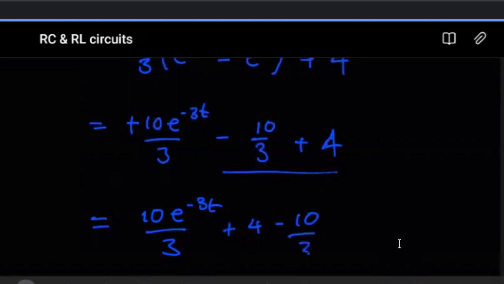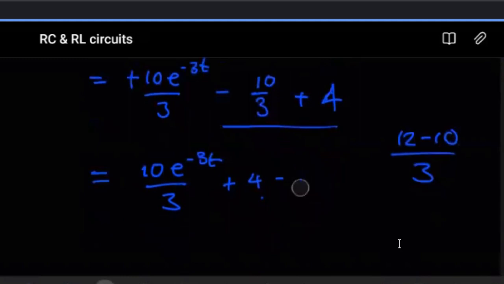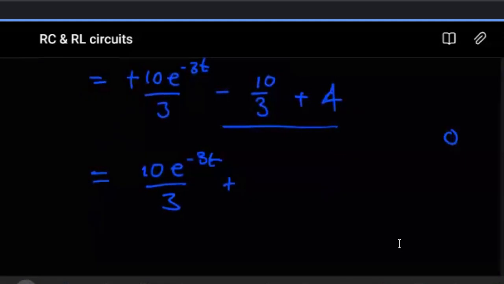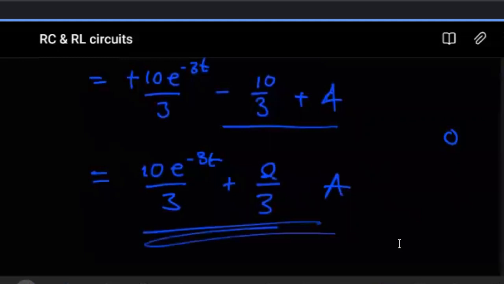Let's combine this. Common denominator 3, 1 into 3, 3 by that, that's 12. So this is 12 minus 10, and then this is going to be a 2 there. So this will just be 2 over 3. So this part is 2 over 3. Is that okay there?